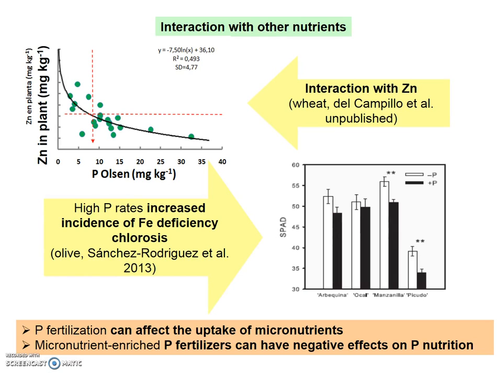Phosphorus can also interact with other nutrients. For instance, high concentrations of phosphorus in the soil usually reduce the availability of zinc for the crop. This is results for wheat, and also high rates of phosphorus in the soil increase the incidence of iron deficiency chlorosis.